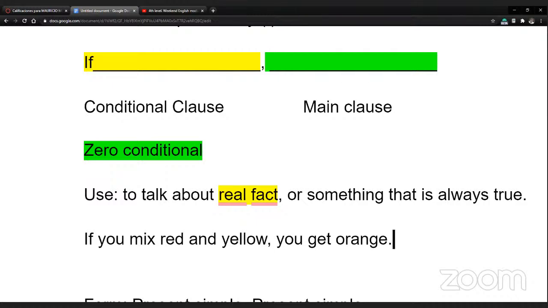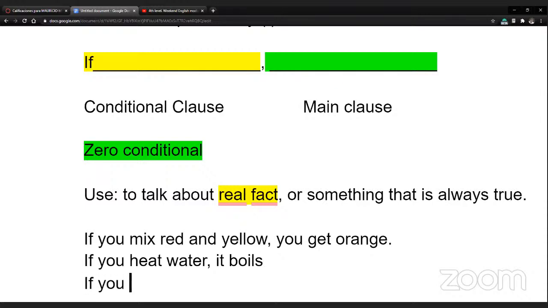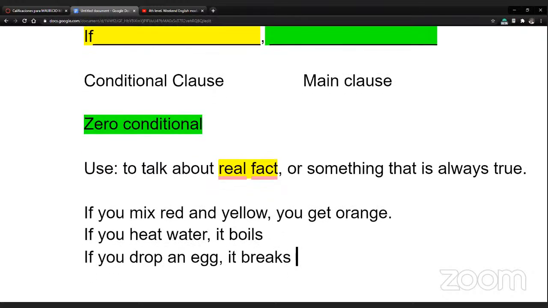If you mix red and yellow, you get orange. If you heat water, it boils. If you drop an egg, it breaks.